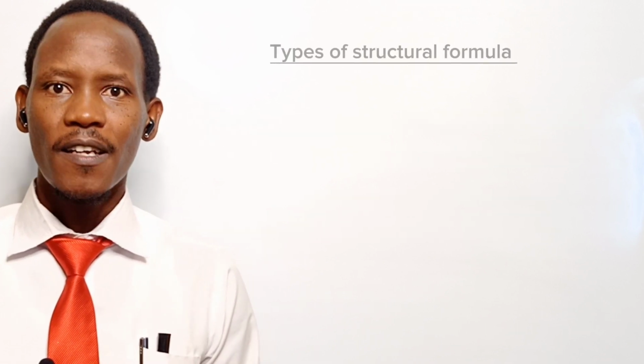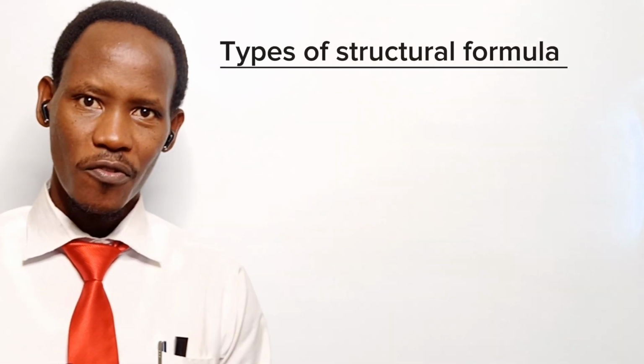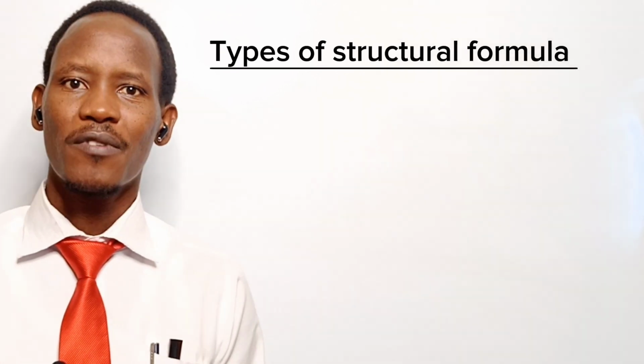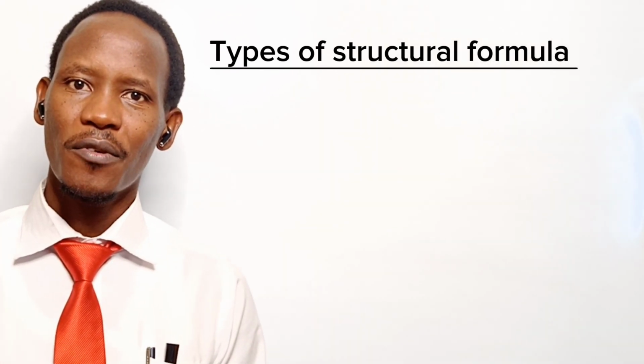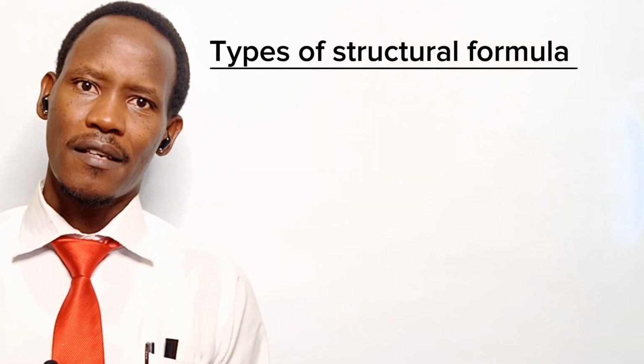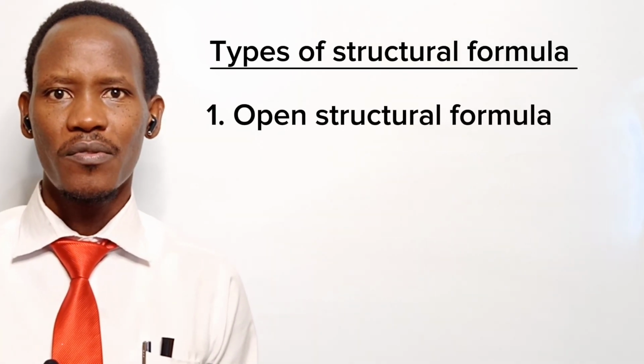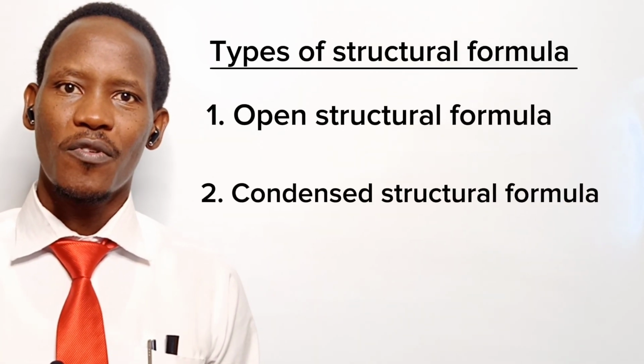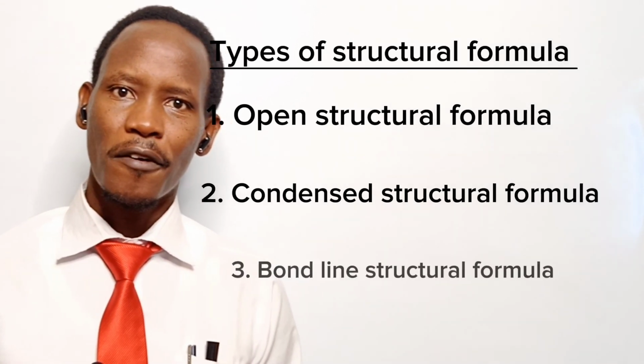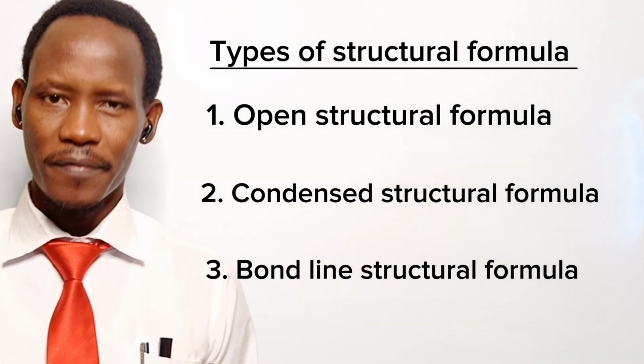There will be 3 different structural formulae that can be used to represent organic compounds, and these are number 1, open structure formula, number 2, condensed structure formula, and number 3, bond line structure formula.